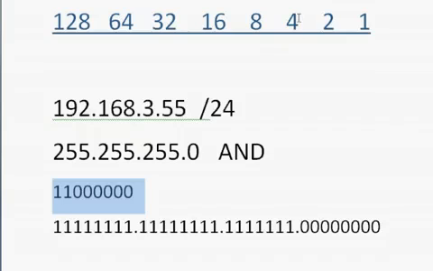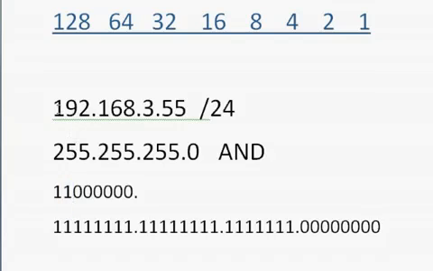Or 2 to the 0, 2 to the 1, 2 to the 2, 2 to the 3, 2 to the 4, 2 to the 5, 2 to the 6, and 2 to the 7. Okay, so there's 192, right? This one is in the 128's place right here. This one is in the 64's place right here. If you add those two together, you get 192. So this is the number 192 written in binary.